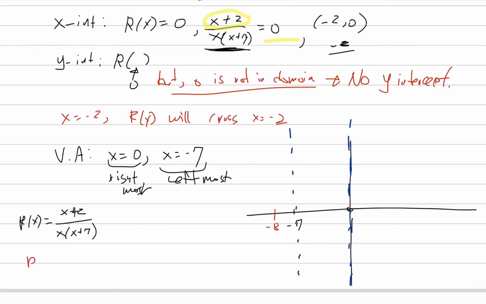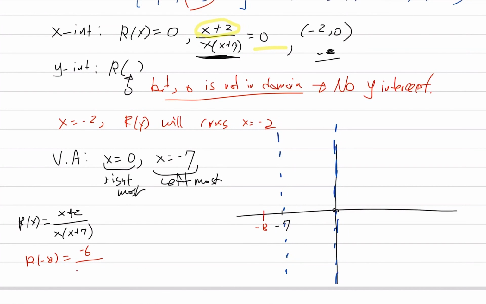So R of negative 8 will give us negative 6 over negative 8 times negative 1, which is negative 6 over positive 8, which is negative 3/4. So when x is negative 8, it was negative 3/4, so it is somewhere here, approximately.